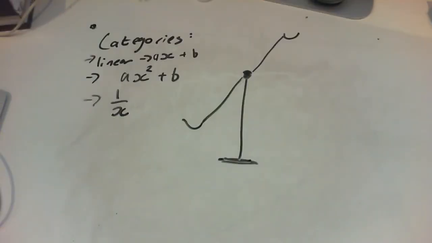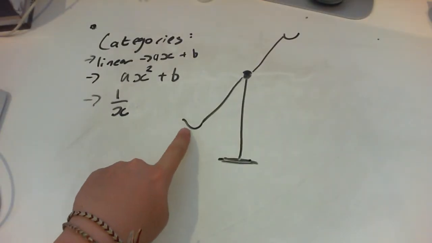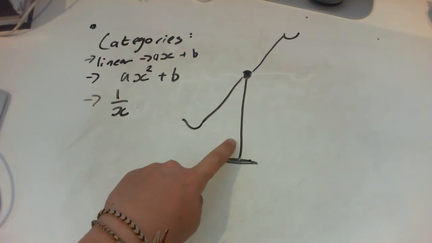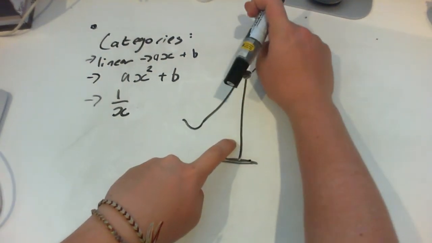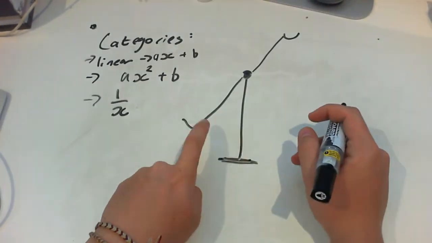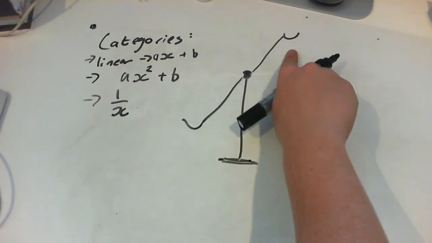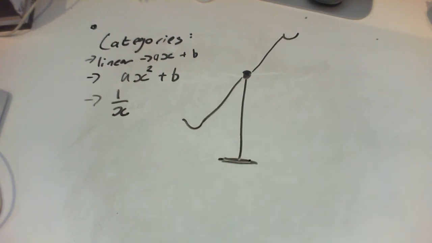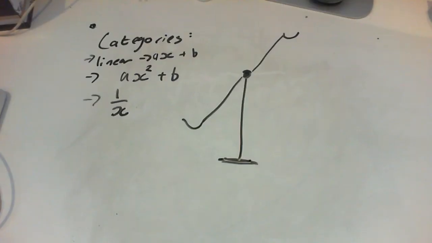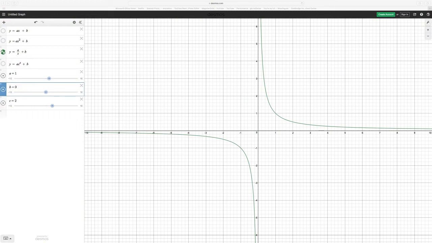And so what this shows us is that as this number gets closer and closer to 0, this number gets bigger and bigger to infinity. And as this number gets bigger and bigger to infinity, this number gets smaller and smaller to 0. And if we see this in a graph, then it's easy to understand, because seeing it as a graph is easier than seeing it just as an example.